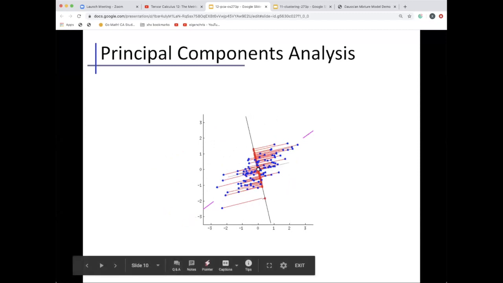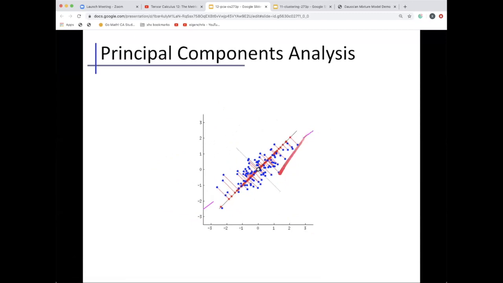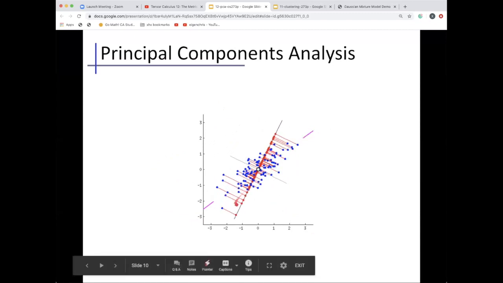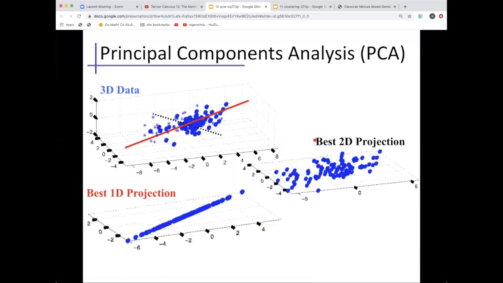After you identify the largest direction, you identify the next direction, but you constrain that next direction to be orthogonal to the previous direction you already discovered. If you do that, you can see that in this data set the next direction ought to be along this direction, which is orthogonal to the first principal component.